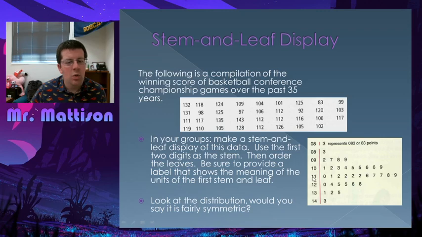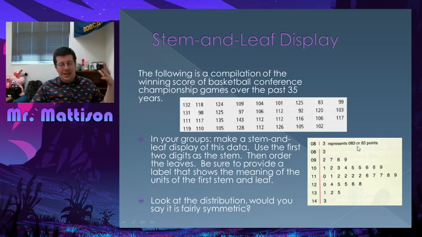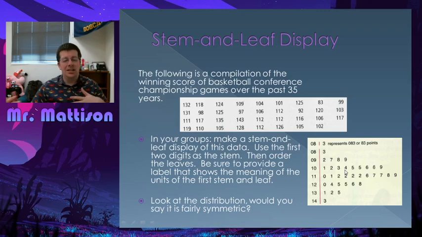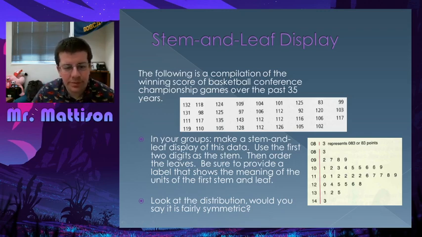So then 112 would be 112. Here's 132. Having that key tells us that these are in the hundreds, not decimals. So maybe it's 8.3 or 10.4. It tells us the distinction between those things.